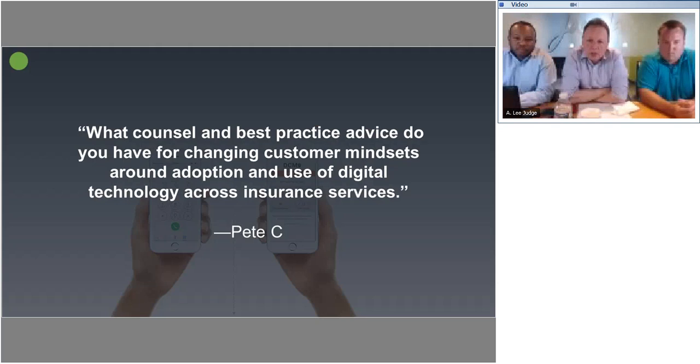There's a term in the industry that you may have heard and that we see being used called fostering digital habits. And this is the very crux of this problem, as Pete mentioned here around adoption, is that, on the one end of the spectrum, you've got the digital natives. These are the people that are going to self-serve at all costs on a digital channel. At the other extreme, you've got the people that are always going to call you no matter what.